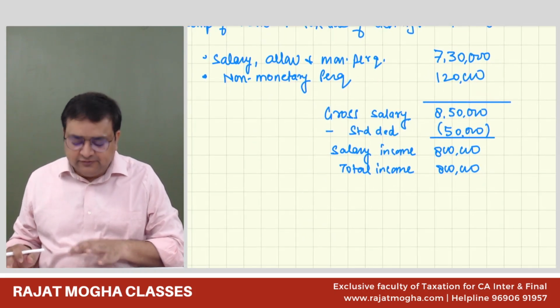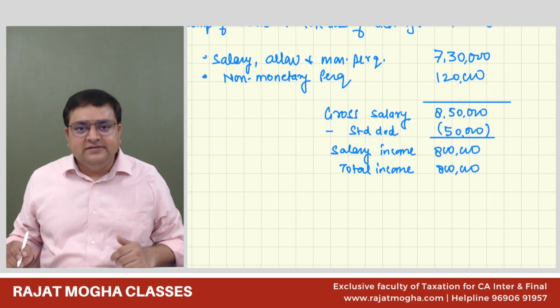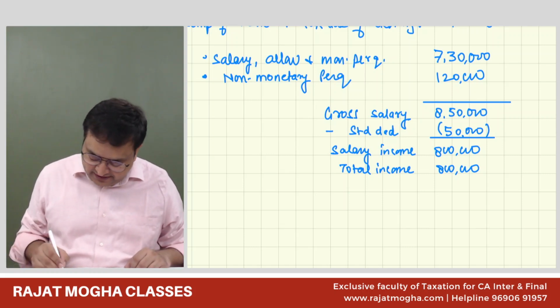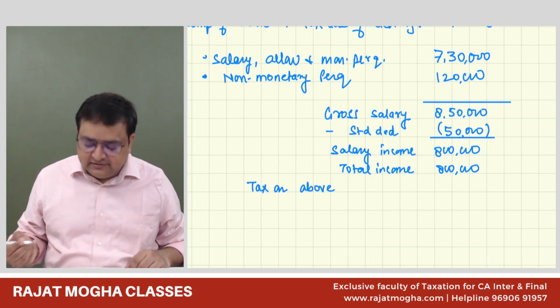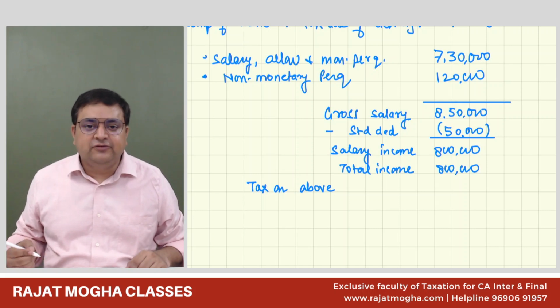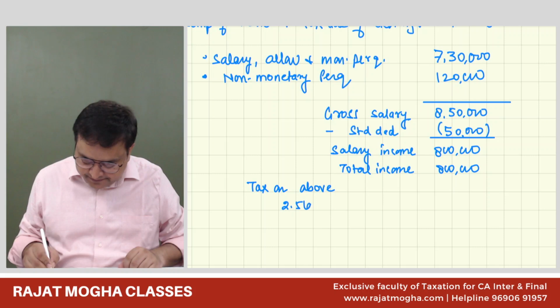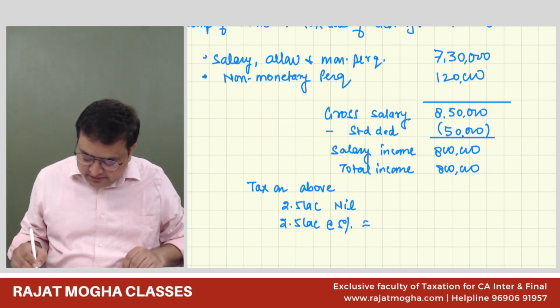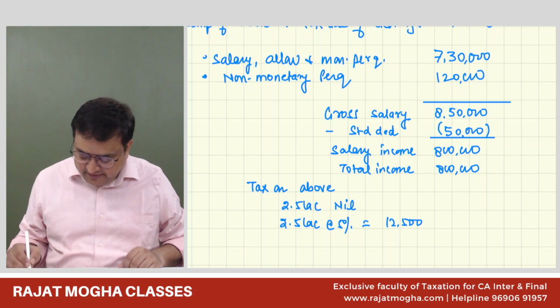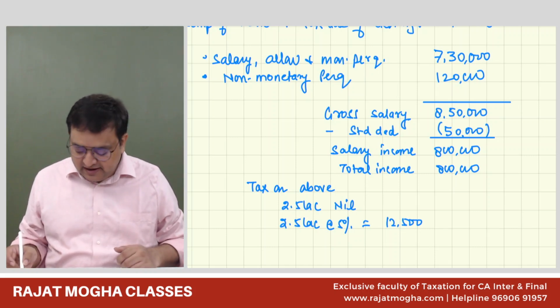Now, he is following optional regime. The age is not mentioned over here, so we'll assume that this assessee is not a senior citizen. So tax on it, it does not have any special income. So the tax would be at slab rate, and the slab rate would be on first 2.5 lakh nil, on next 2.5 lakh at rate of 5%, 12,500, and next 3 lakh here, because 5 lakh we have already covered, 8 lakh is the total income.